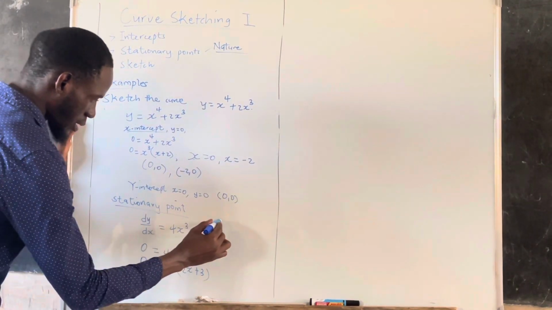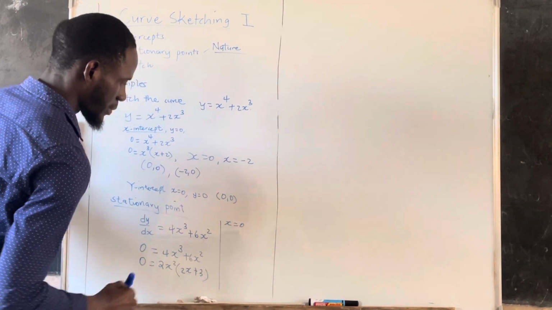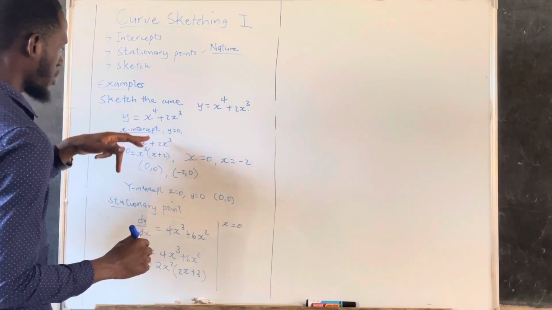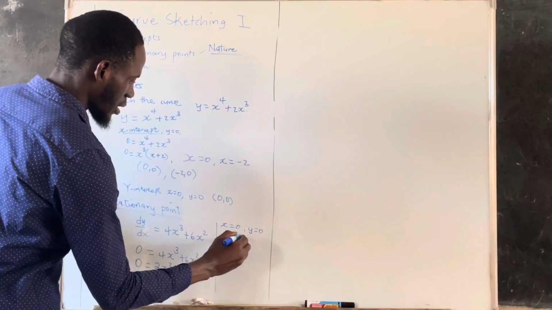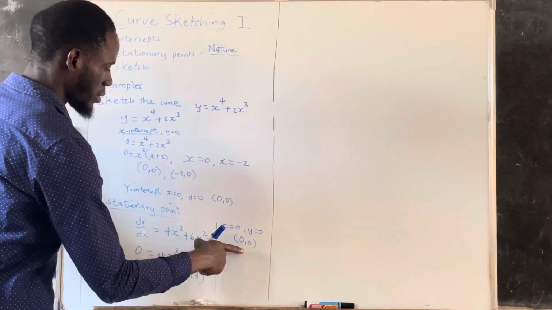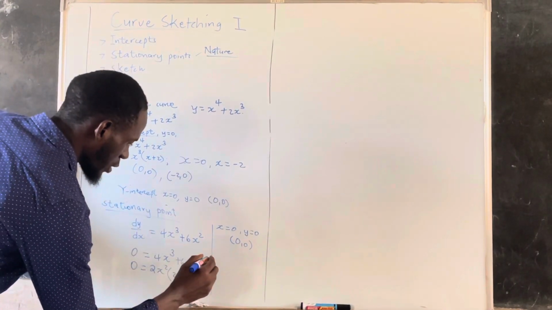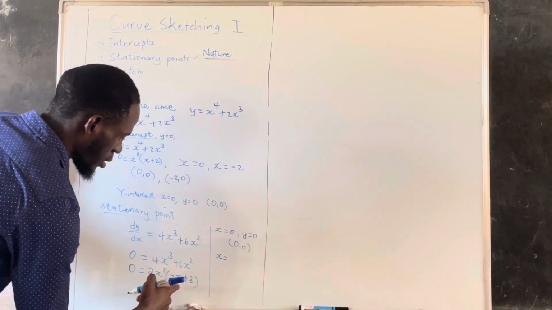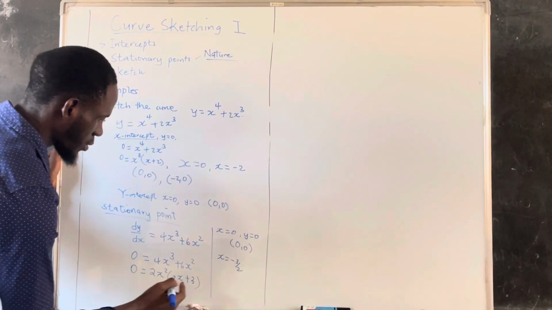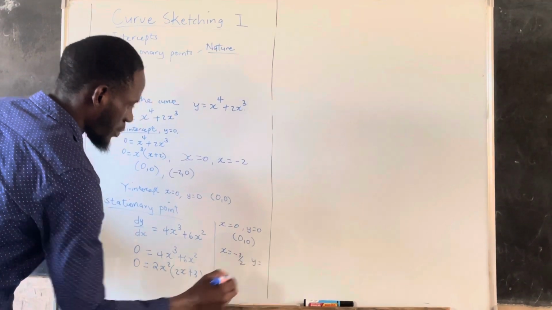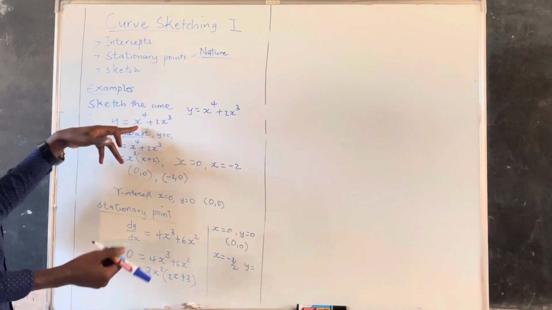So for the turning points, I get x is equal to 0 as the x coordinate. Then if x is equal to 0, the value of y is automatically 0. So this is the turning point. We are here to establish the nature. Then I also equate this to 0, which gives the x value as negative 3 over 2. And the y value now becomes, we get this value and substitute it in here. Let me press this in a calculator.